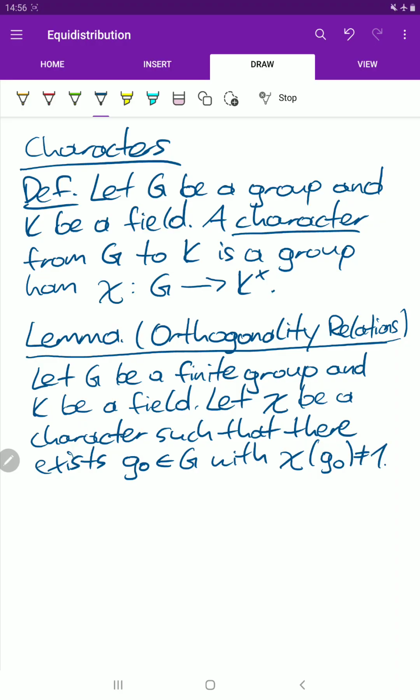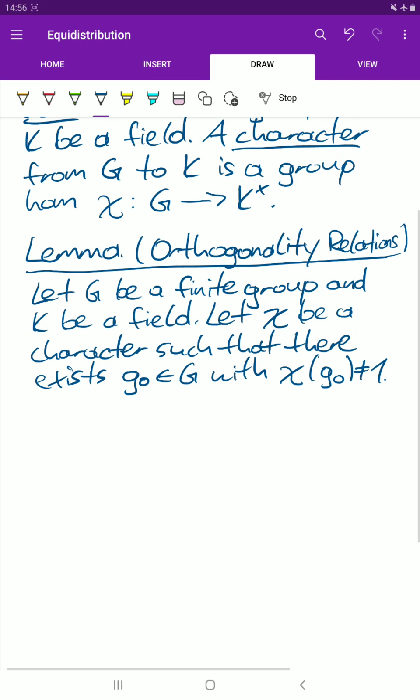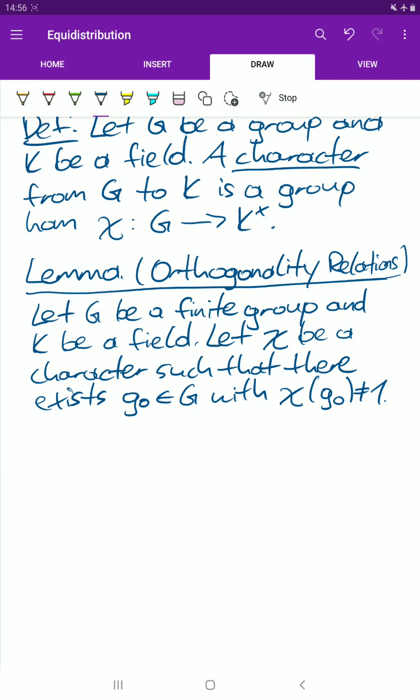So this just says let chi be a non-trivial character. We could also take the one which sends everything to 1, but then the statement is not interesting.